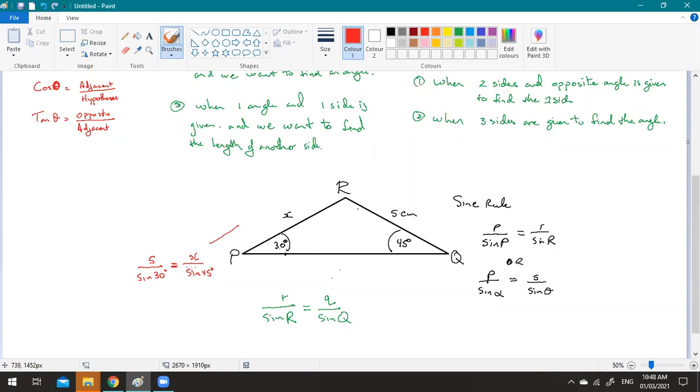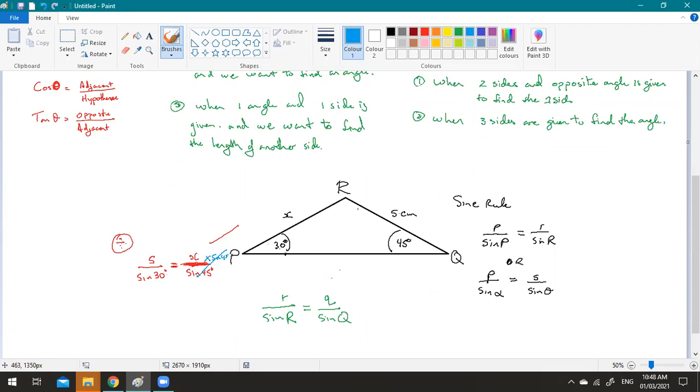Now, we have sine 45 here, right? This line means to divide. What's the opposite of divide? Multiply. If I multiply by sine 45 here, this will cancel out.